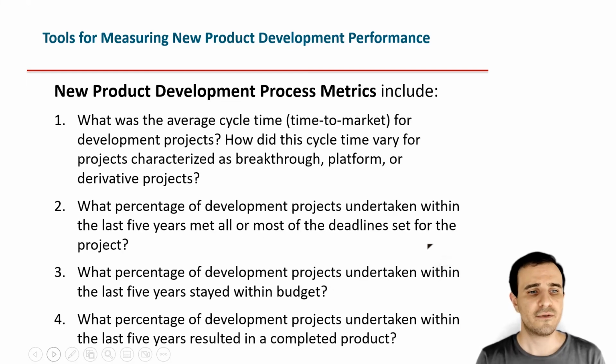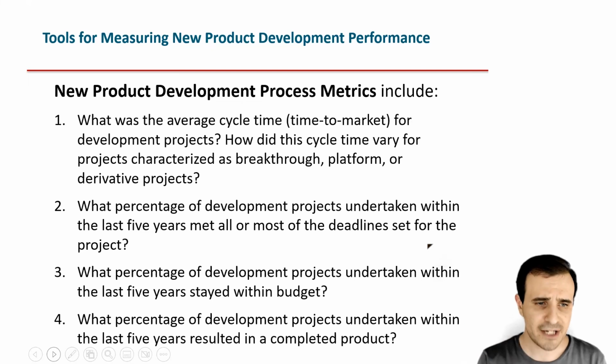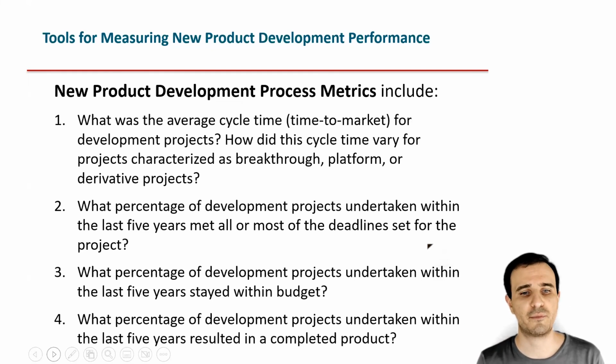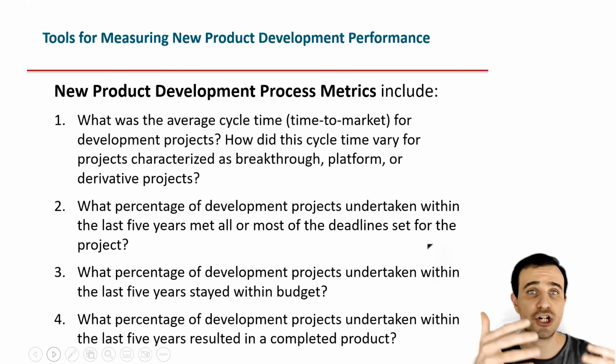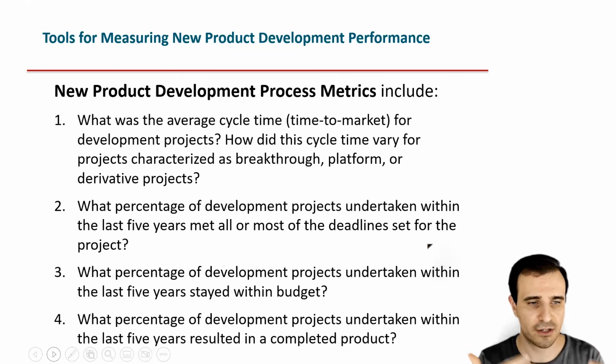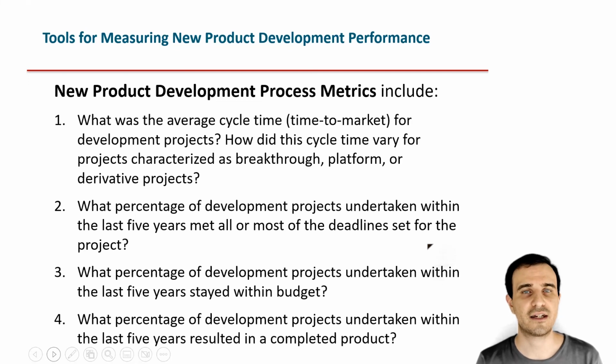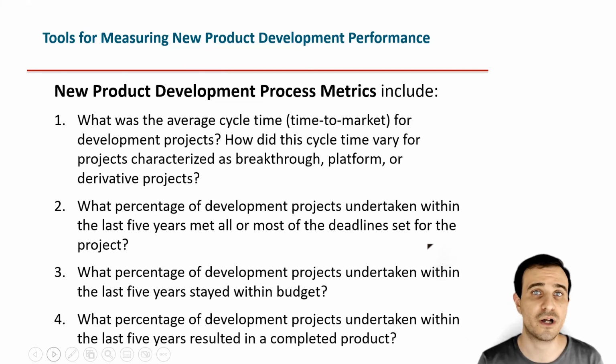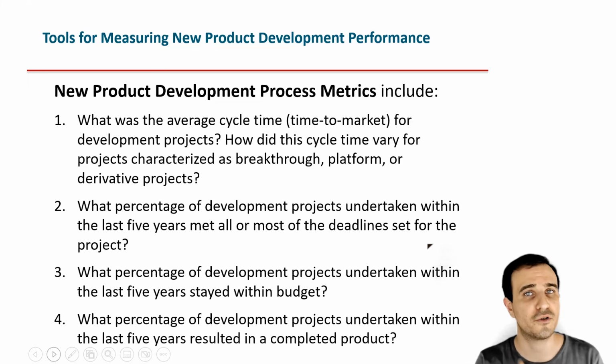The final points would be on the metrics for the new product development process. This is arranged according to a checklist, a series of questions which I will let you read in the video. You can pause the video and take a look at the list of questions, which you can apply also in your new product development or in startup projects as well.